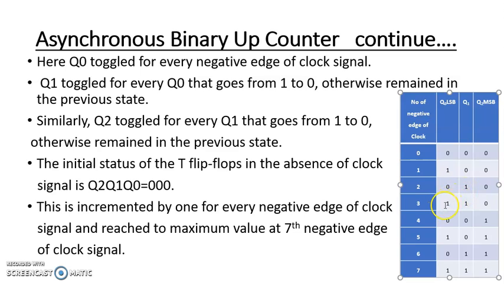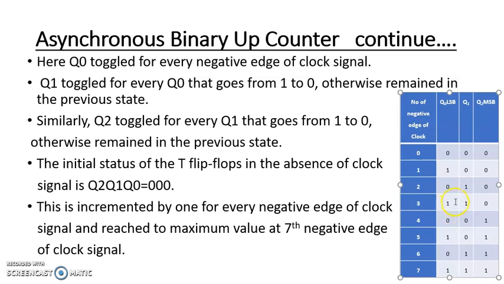When the third clock pulse comes, the first flip-flop output changes from 0 to 1, a positive change, so it won't trigger the second flip-flop and the output remains the same.